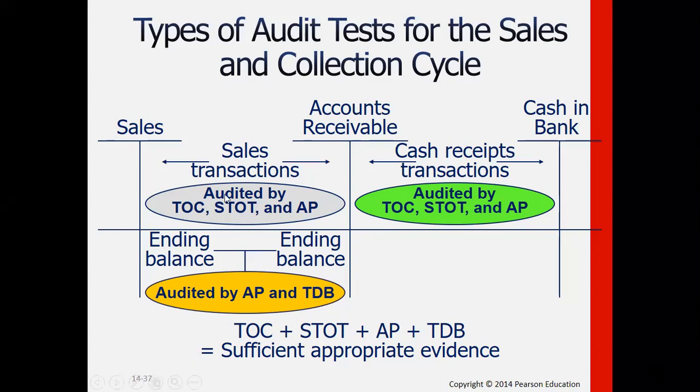And then STOT means substantive tests of transactions based on the transaction related audit objectives like occurrence or existence, completeness, etc. Then AP stands for analytical procedures, wherein we can make use of our ratios. So if you can recall on financial statement analysis, just to be able to check if really the percentages are healthy.